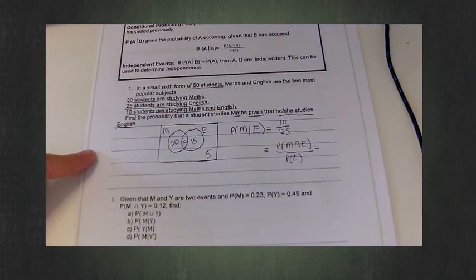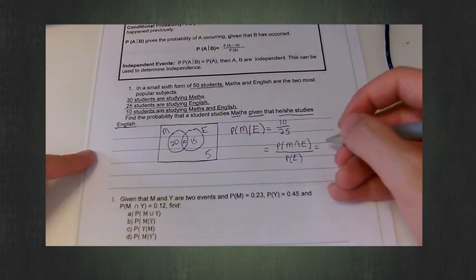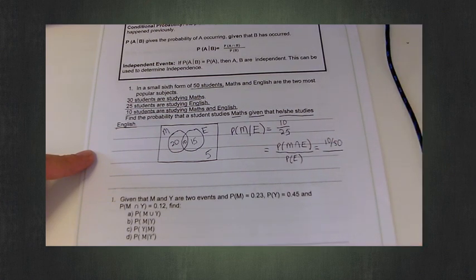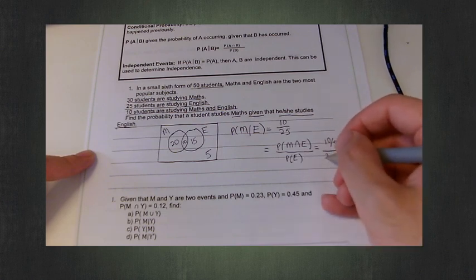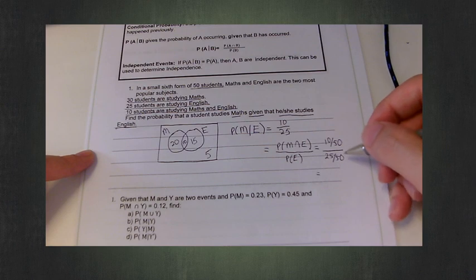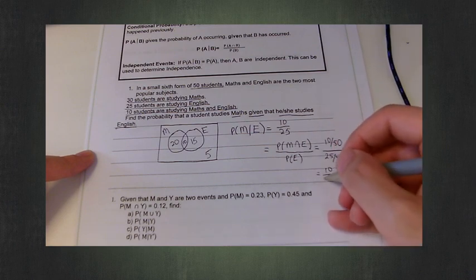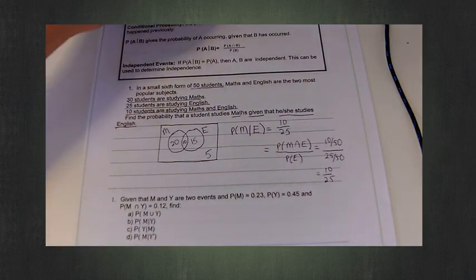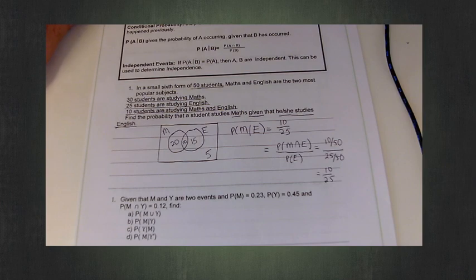What's the probability of Maths and English? Well, it's 10 over 50. And what's the probability of studying English? Well, that's just 25 over 50. Okay, and if you work that out, you get the same answer, 10 out of 25. Okay, so that is that question there.